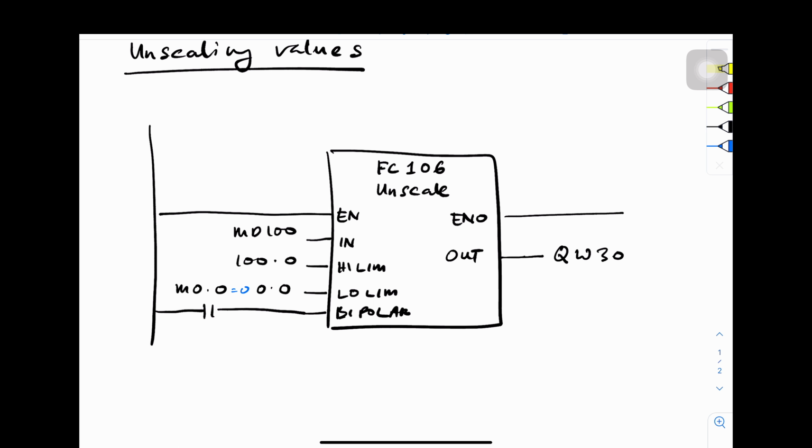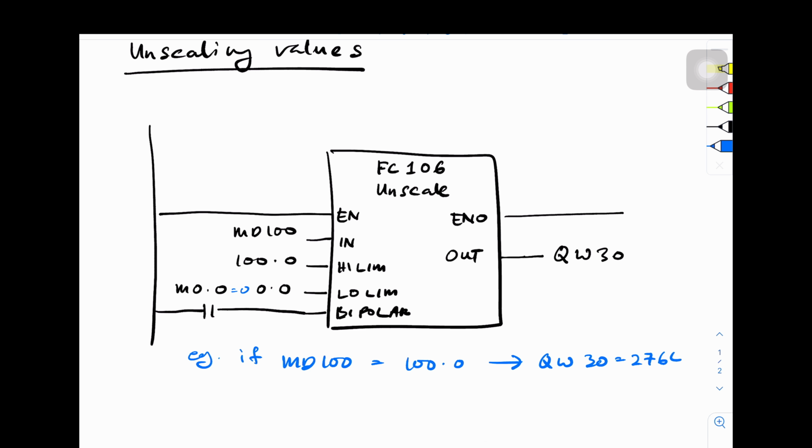So what does it do? It takes the value inside MD100. If MD100 is equal to 100.0, QW30 will be 27,648.